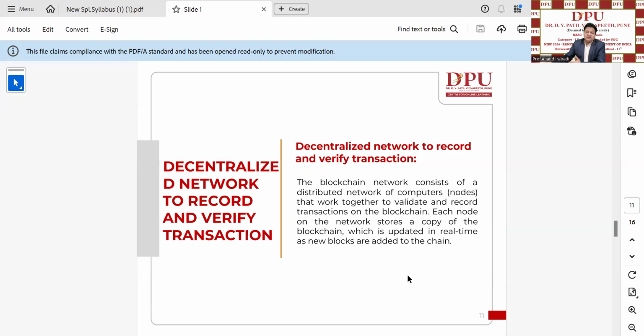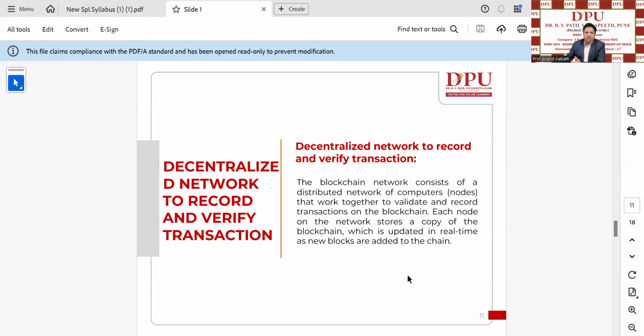Now, you may ask, when one miner has validated the transaction, should the transaction be allowed to be recorded into the block? It's not like that. Even if I, as a miner, have validated the transaction, it does not mean that the transaction is valid.